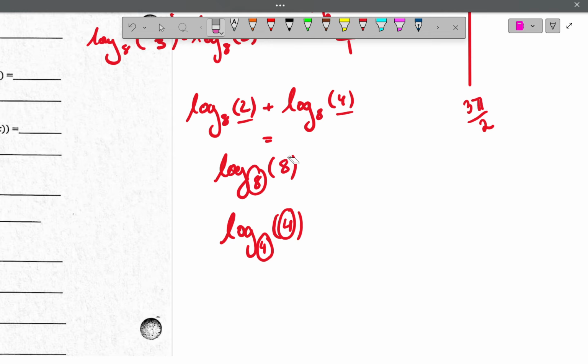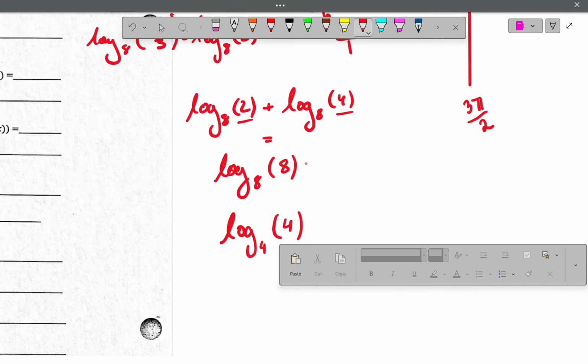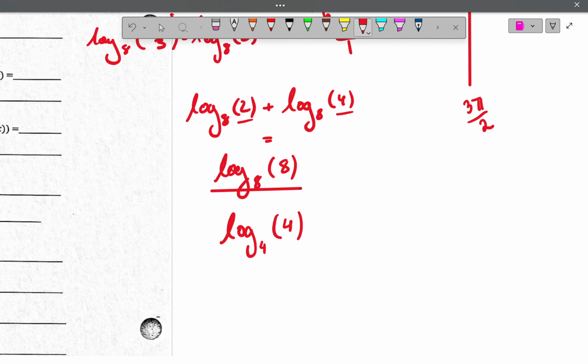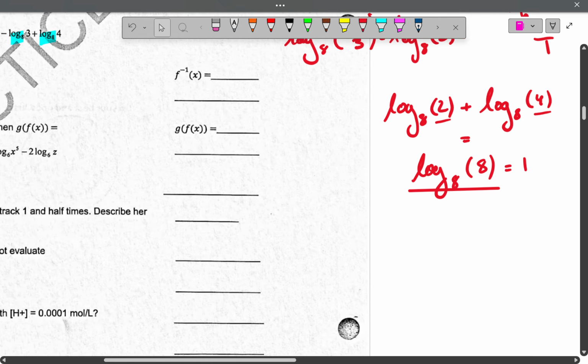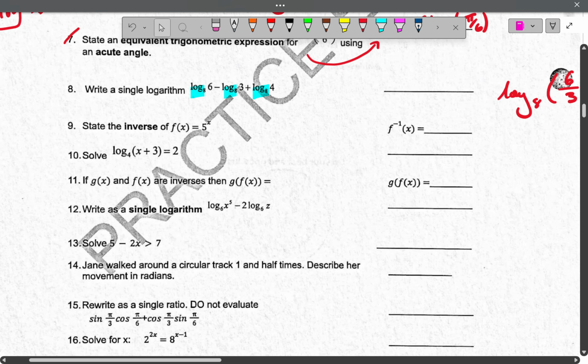And the answer in all of these cases, if you have the same thing inside as your base, is always going to be 1. So your final answer is log base 8 of 8, which is equal to 1. So that's what we get here. Question 8, I'll write that here: log base 8 of 8, which equals 1.